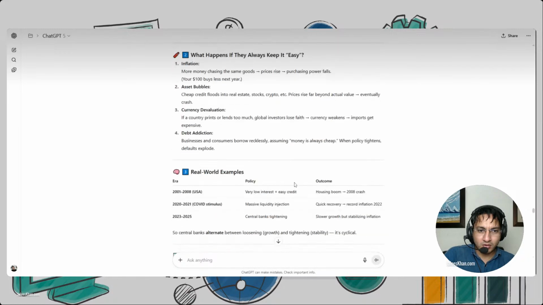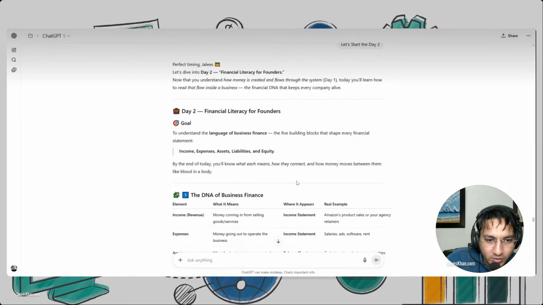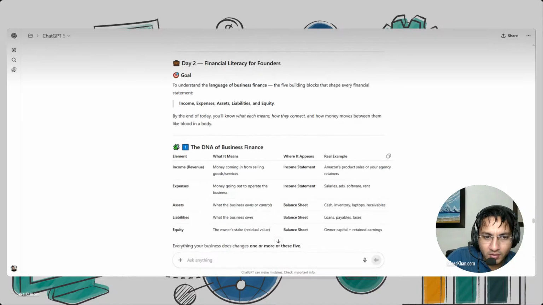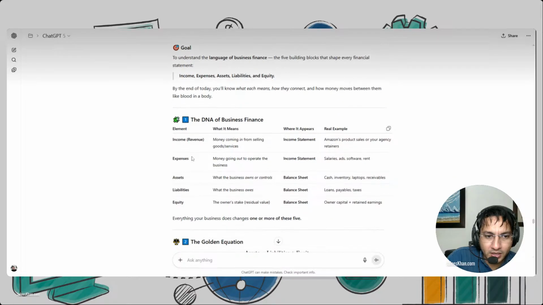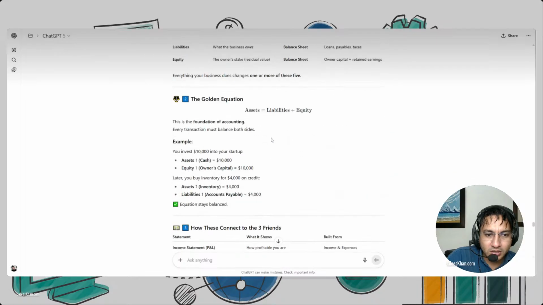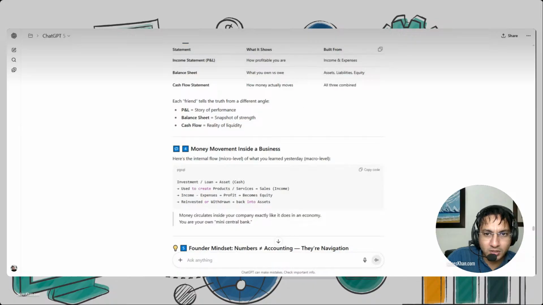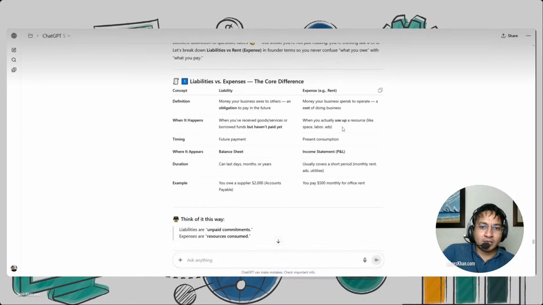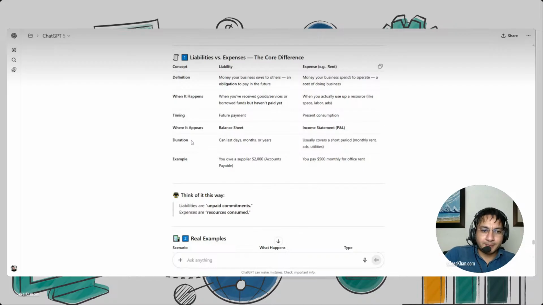Income and expenses, these two things come in the income statement, and profit.